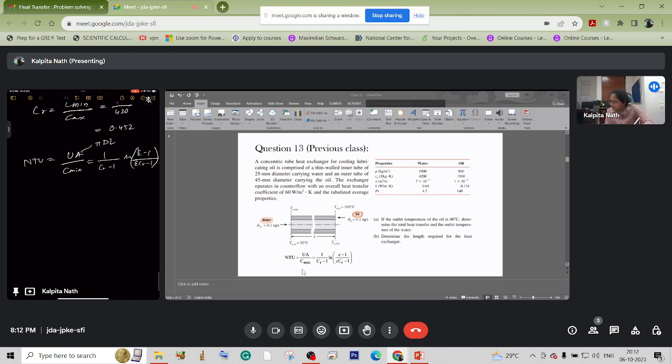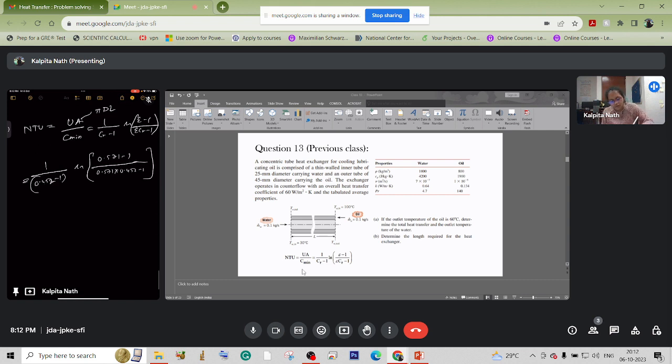So CR is 0.452 minus 1, and ln 0.571 minus 1, and 0.571 into 0.452 minus 1. So L from here will come out to be 40.3 meter. Okay, so this question we are done with. We have calculated the length required by both the methods.